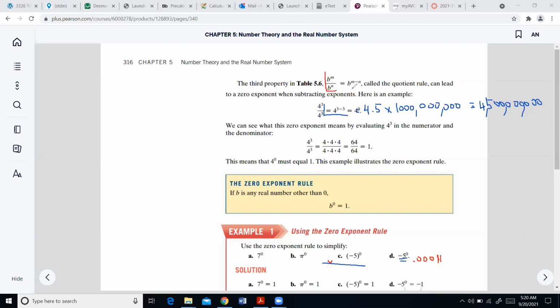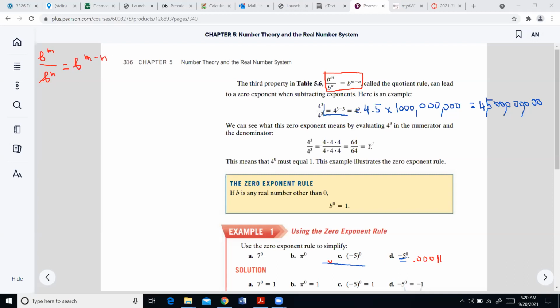It turns out the key property is here. A very popular property: if you divide the power m by the power n, then you subtract those powers, m and n. Did you ever see this property before?